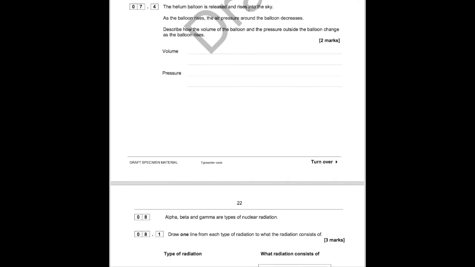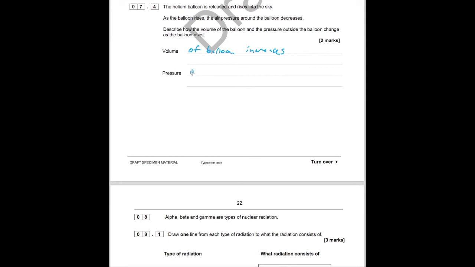The helium balloon is released and rises into the sky. As the balloon rises, the air pressure around the balloon decreases. Describe how the volume of the balloon and the pressure outside the balloon change as the balloon rises. The volume of the balloon increases, and that's because there's less pressure outside of the balloon.